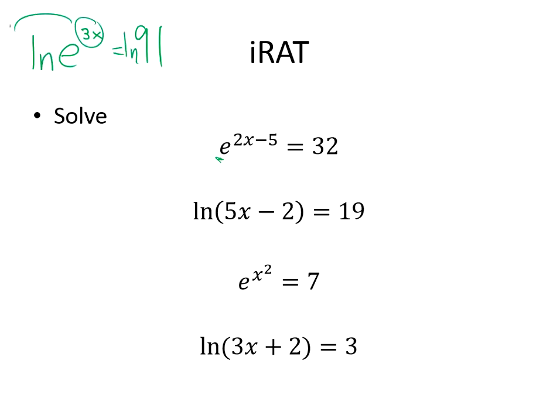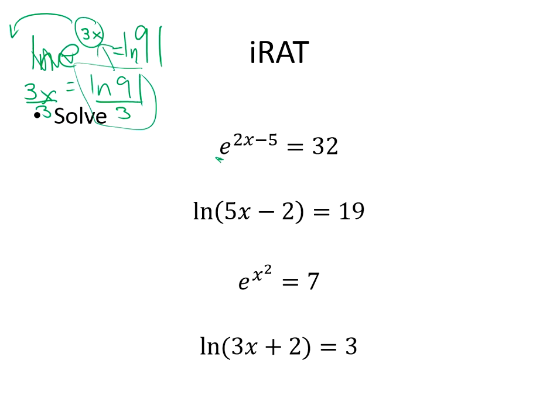That drops the power out front, leaving you with 3x, this disappears, is equal to the natural log of 91, and then you solve for x. You would divide by 3, and that would get you your answer. Then to check your work, you plug this answer in for the x and see if it comes up with the right number.